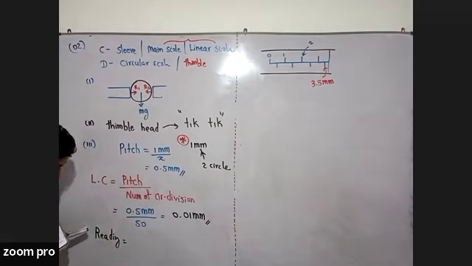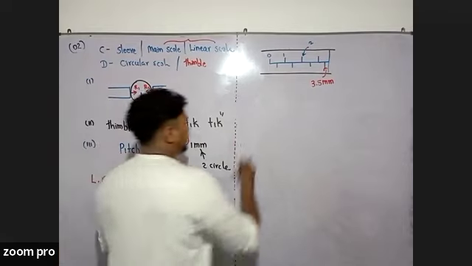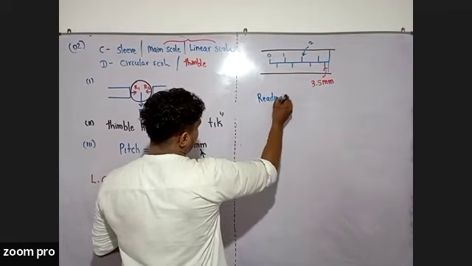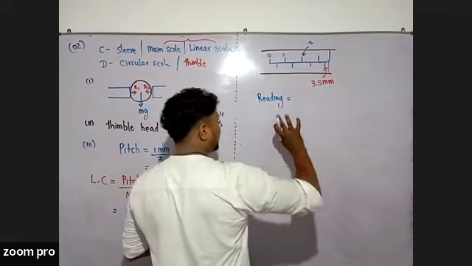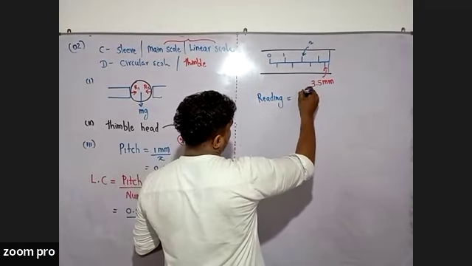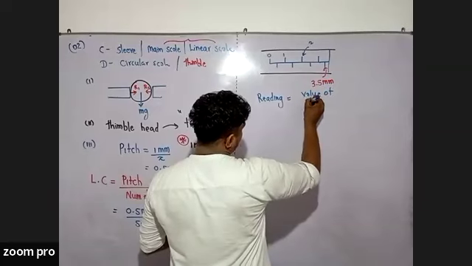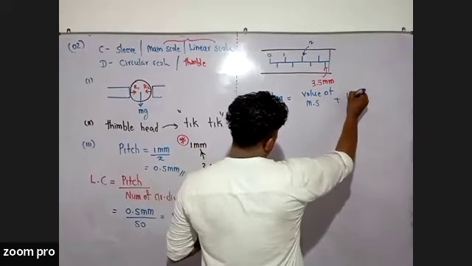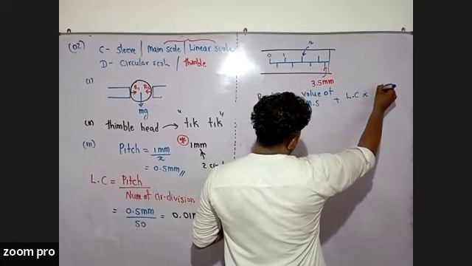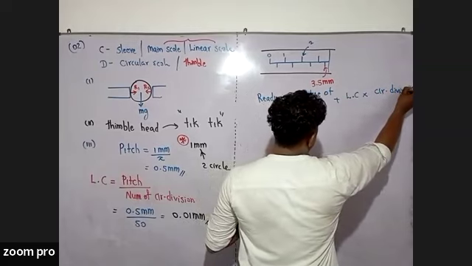So when obtaining the reading, we have to substitute. This is the equation: the reading of a micrometer screw gauge can be obtained by the value of the main scale plus least count times the coinciding circular division.